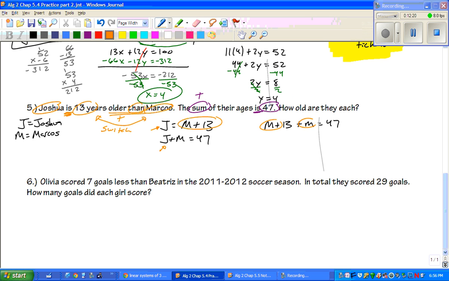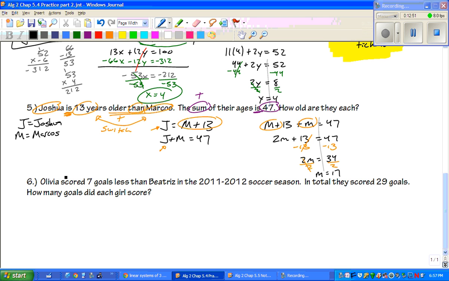Combine your like terms, and you get 2m plus 13 equals 47. Subtract 13 from both sides. We get 2m equals, let's see, that is 34. And then divide both sides by 2. And we get that m equals 17.